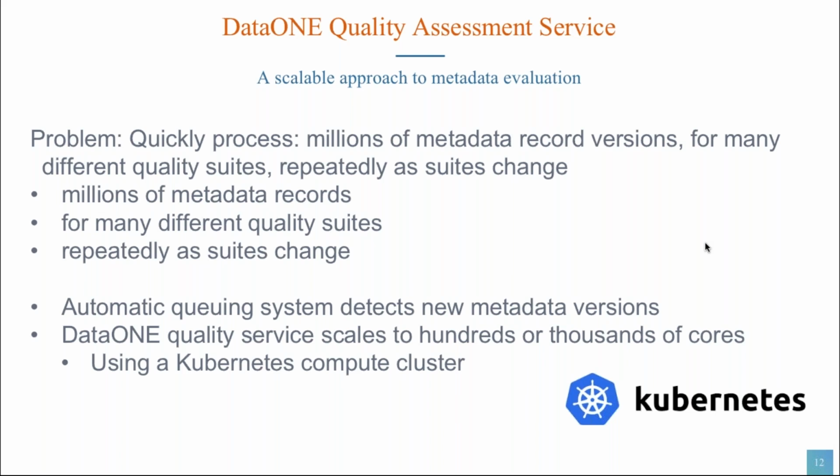So what we've done is we've built a highly scalable system based on Kubernetes, where we have an automatic queuing system that, every time a new version pops into a repository, detects the new metadata versions and queues them into a list that says these things need to be processed. And then we have a large cluster with hundreds of CPUs available to take those off and process them in parallel.